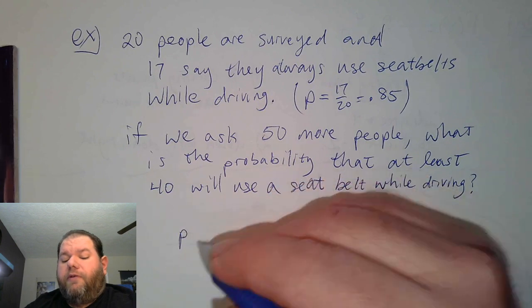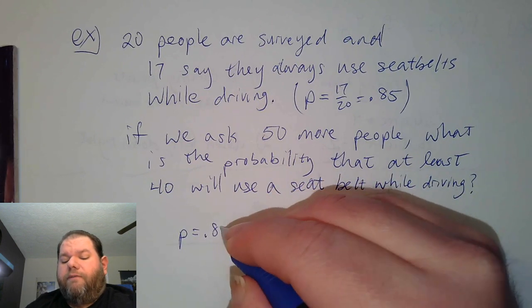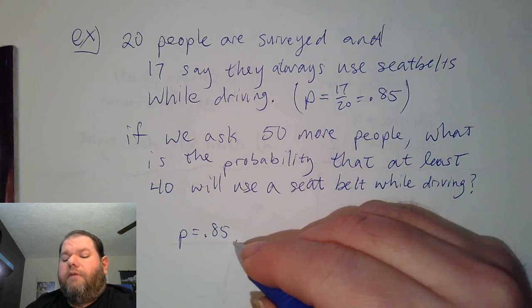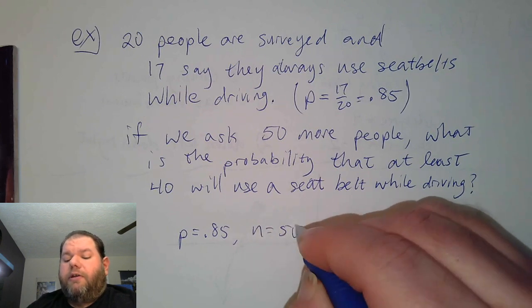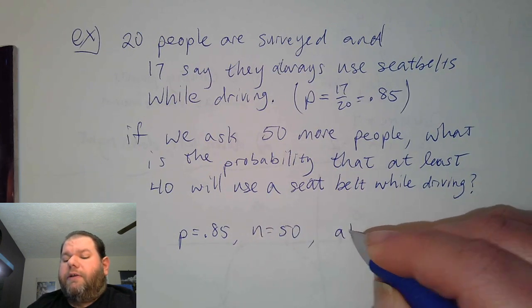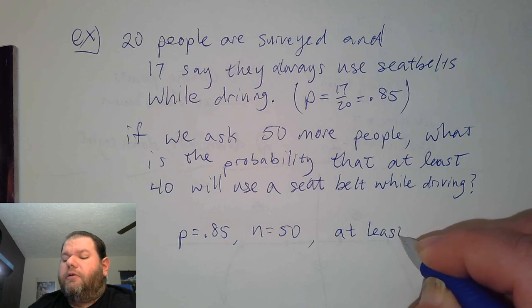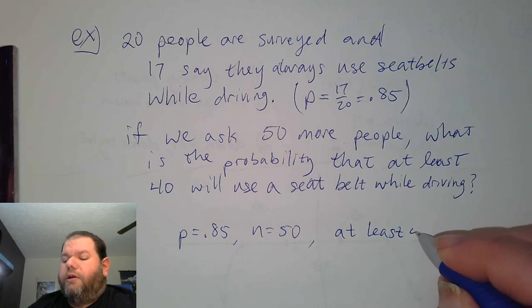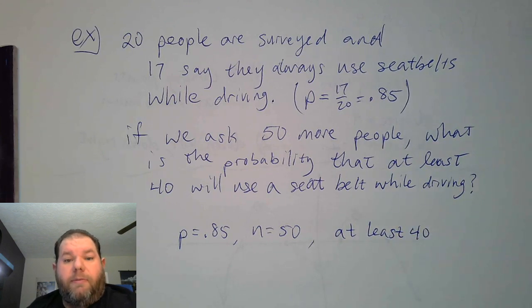Now we have the same probability of success, 0.85. We have 50 people that we're looking at, and we want at least 40 to be considered successes.